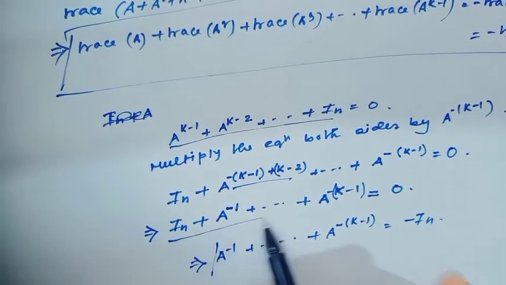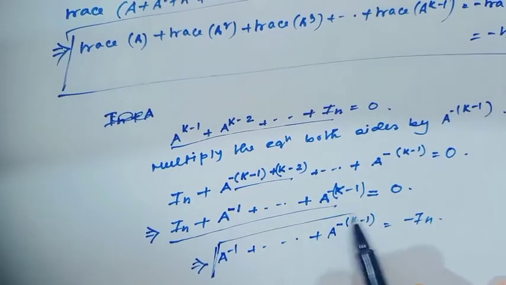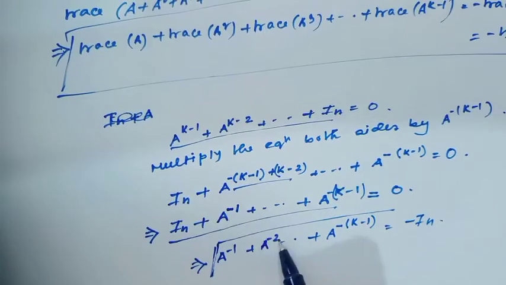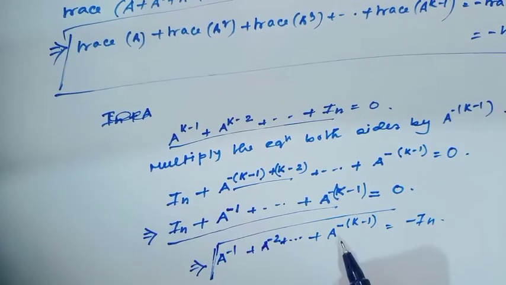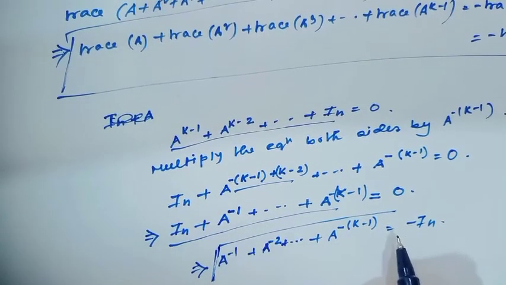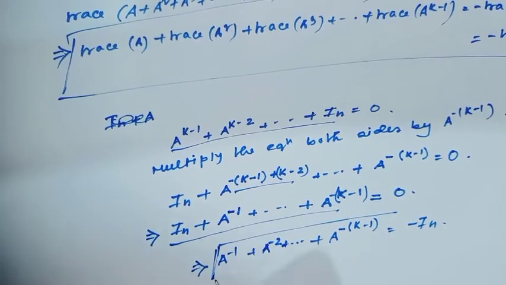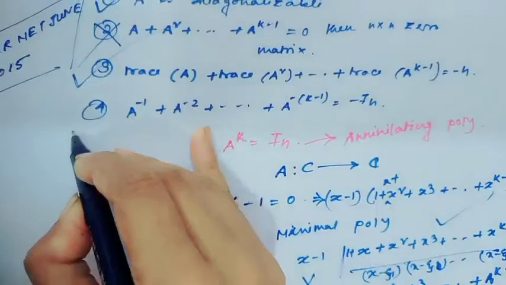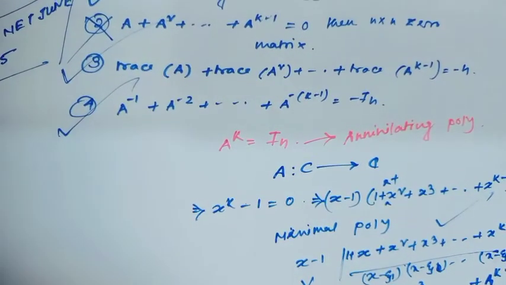So from this expression, this would be A inverse, then A to the power minus 2, and this continues plus A to the power minus k minus 1 equal to minus identity. Are you getting it? So option 4 is a right option.